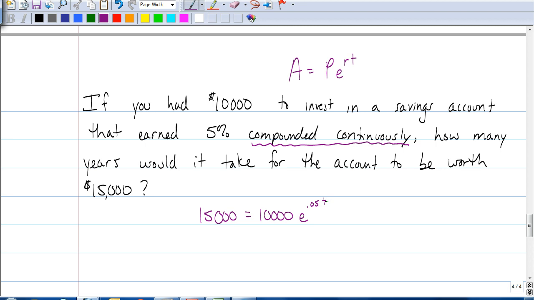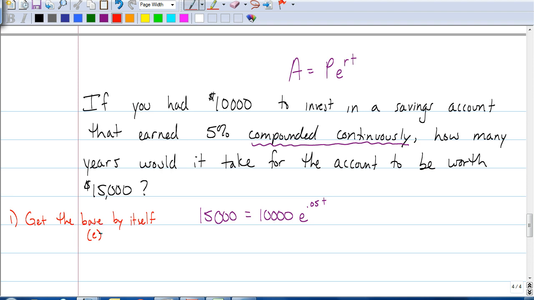Now, when you're going to solve these equations, notice how we have an exponent that's a variable. We're trying to figure out what t is, but it's up there as our exponent. So there's going to be 3 steps that we're going to do to solve this. The first step is to get the base by itself. And the base in this case is e.